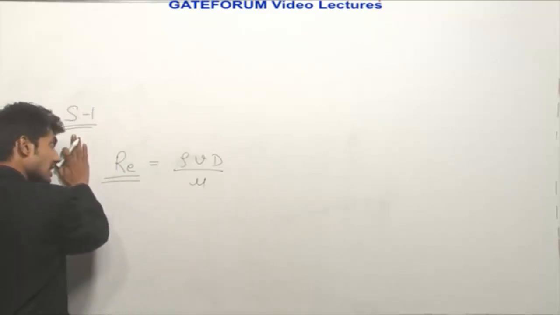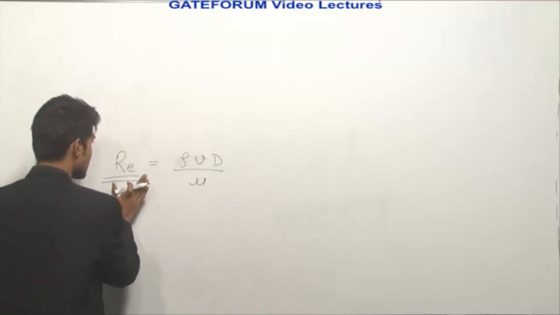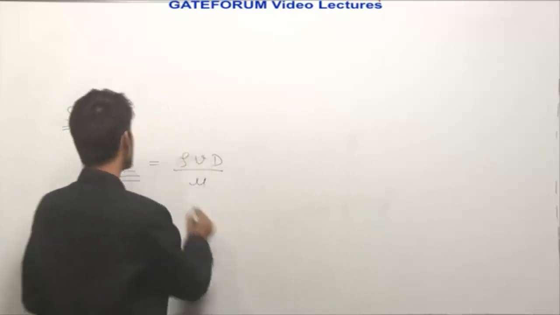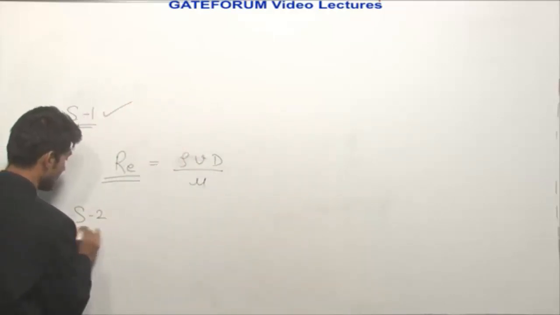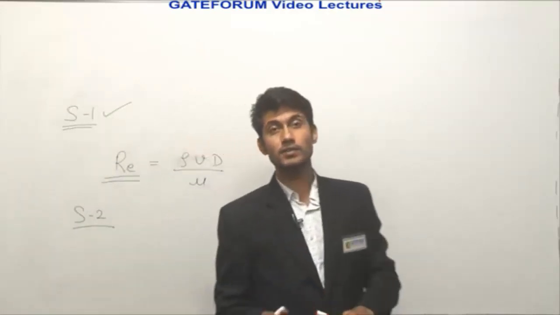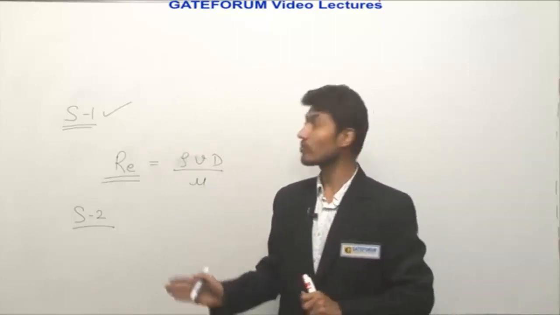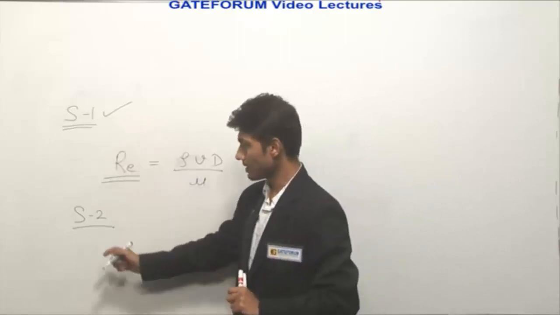So statement 1 is correct because the fluid flow nature depends on Reynolds number and Reynolds number depends on velocity. If it had been written that in a fluid flow through pipeline the nature of fluid flow only depends upon velocity, then the statement would have gone wrong. Right now it is correct.